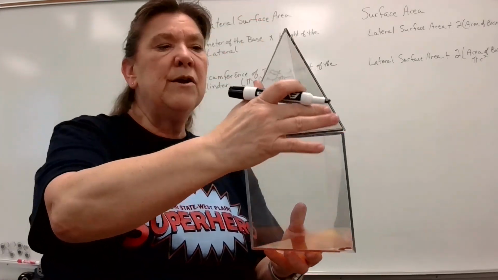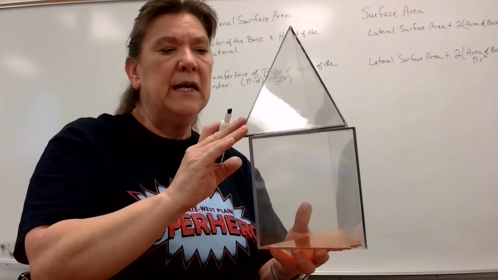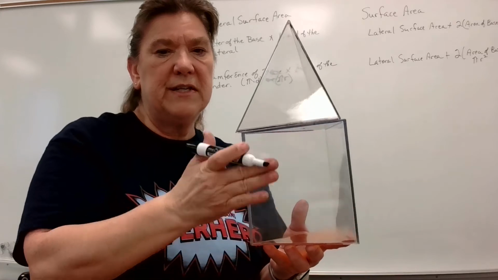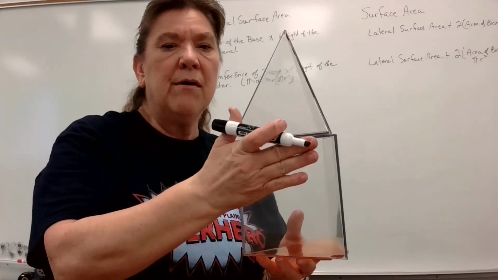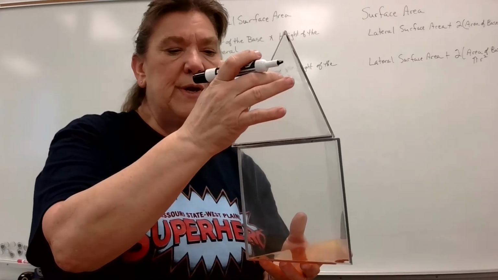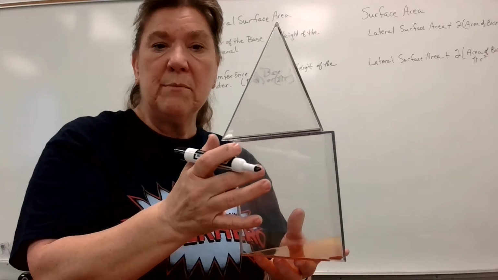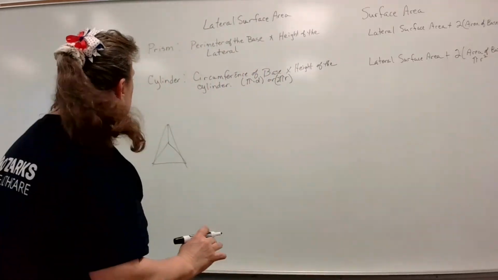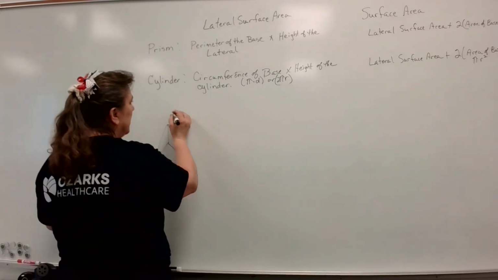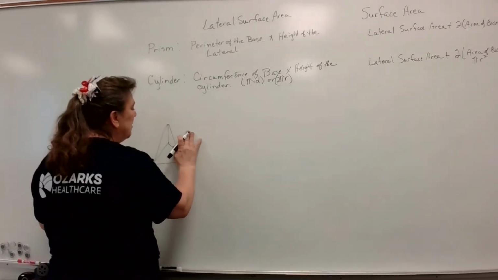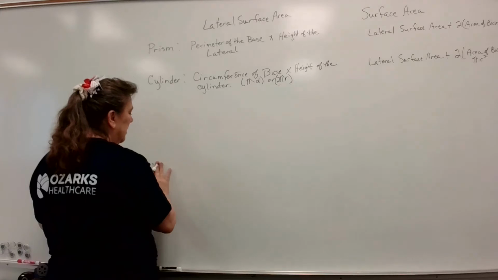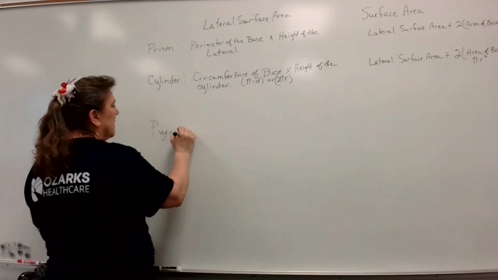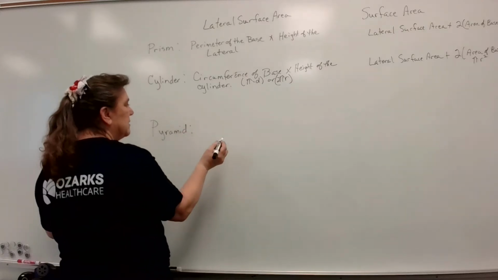So the area of this face is 1/2 the amount of this face right here, because it's a triangle, and a triangle is half the amount of space of a rectangle. So what we are going to do with our triangular pyramid, what's it going to be? So a pyramid has what?